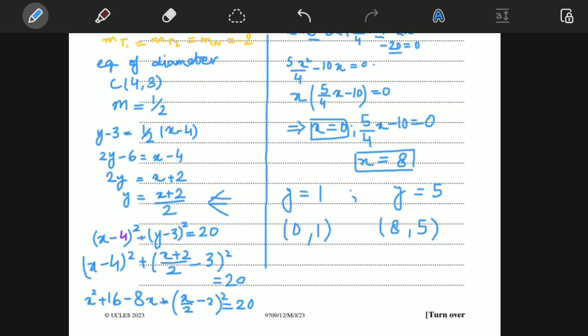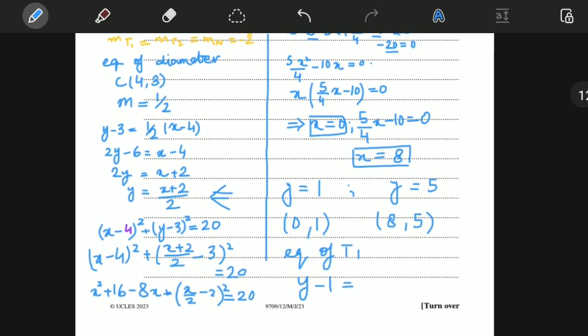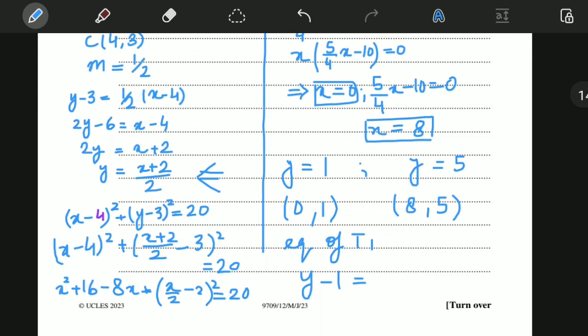Okay, and now equation of tangent 1 would be y minus 1 is equal to slope or gradient minus 2, times x minus 0, and the second one would be y minus 5 is equal to minus 2 times x minus 8.